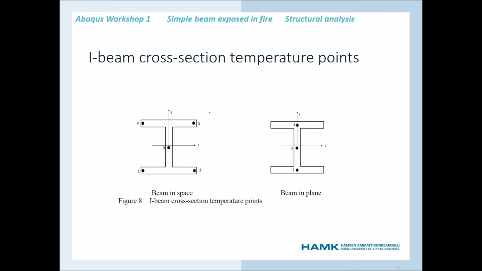Okay, so now we define it in the temperature points. The temperature points are these points where we define the temperatures of the amplitude curve. So for the thermal response analysis, we have obtained the temperature like that, and we define, okay, this is in the web.